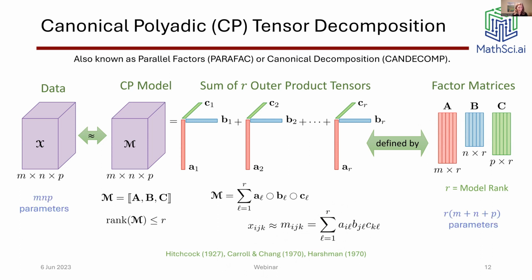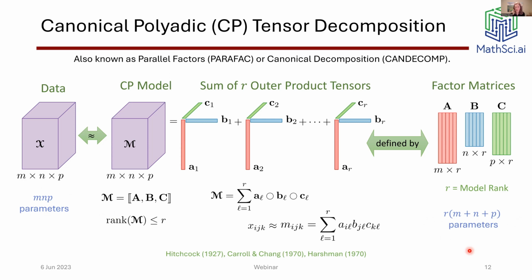So one thing is if X is M by N by P parameters, so that every entry has data, then we're doing a kind of data reduction. So now it's R times the sum of the sizes parameters. So if M, N, and P are fairly large, this can be a significant reduction.